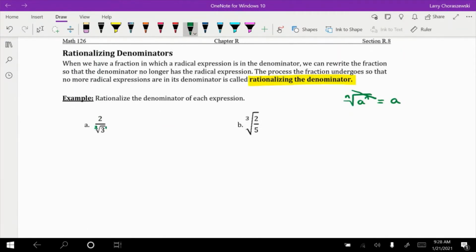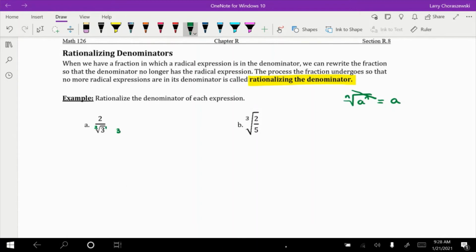So the square root doesn't go away on its own, just with how the fraction is presented to us initially. But we would be able to multiply the denominator by a certain expression which would give us a power of 2 on 3. If I were to multiply 3 by 3, I would get 9, which is 3 squared.